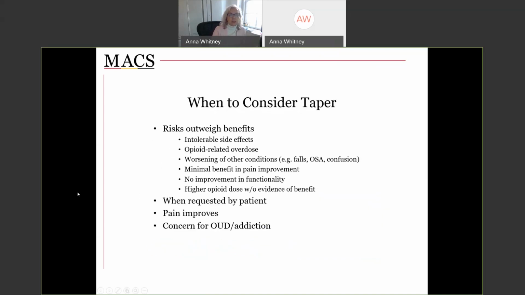So we talked a little bit about when to consider the taper, as noted in that box. Imminent risk of significant harm because of the opioids.